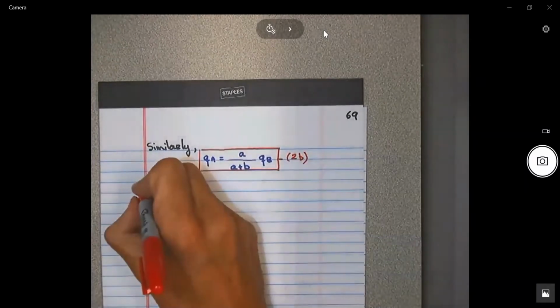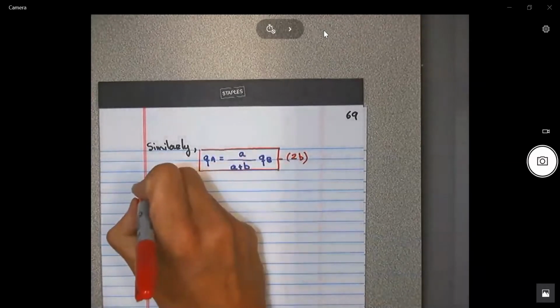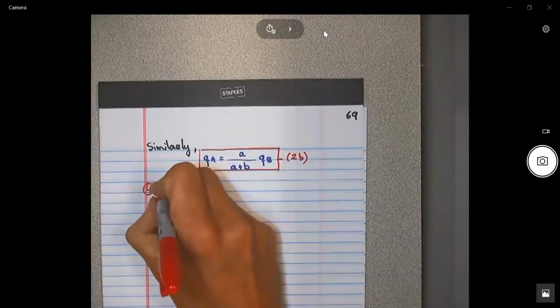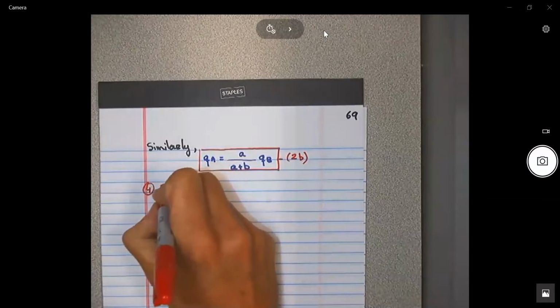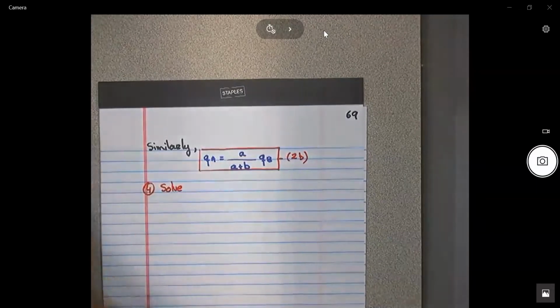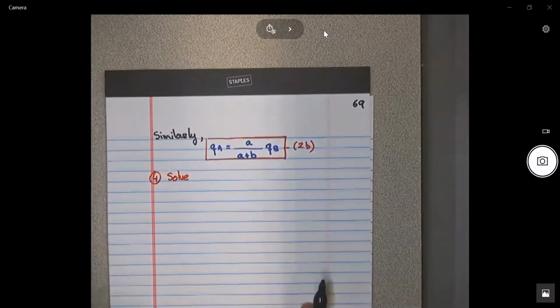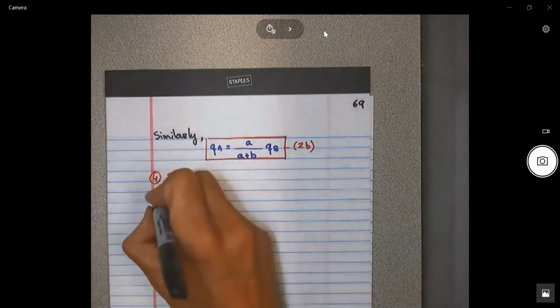So step 4 will be to solve, which will be what?